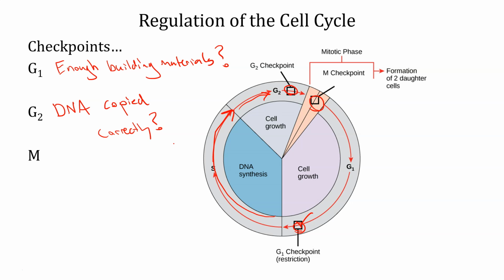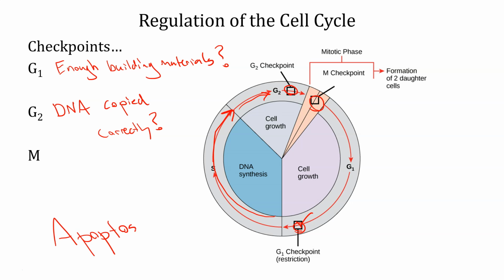Are there any mutations that occurred? Is every last bit of that DNA accounted for and copied as well as it possibly can? If there's mutations, can the mutations be fixed? If the mutations can't be fixed, it might be the case that the cell is basically told to undergo apoptosis, which is an important word to understand.